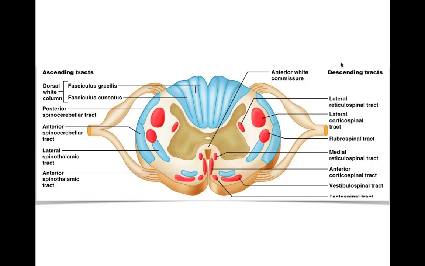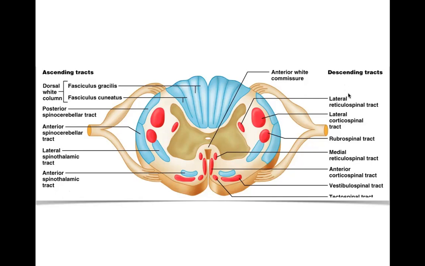And then there are the descending tracts, which means they originate from higher centers, such as the cerebrum, the cerebellum, or any other nuclei embedded in the cerebrum, and they terminate in the lower segments of the spinal cord.